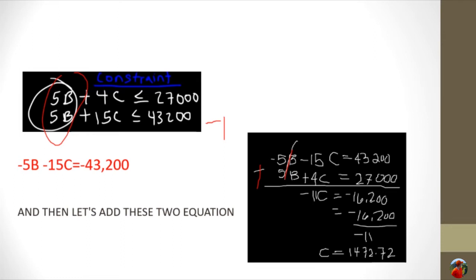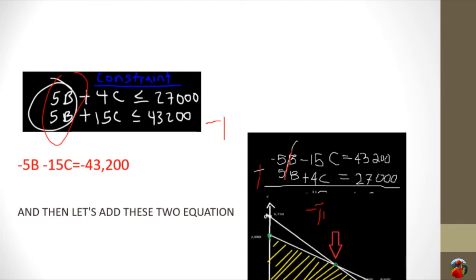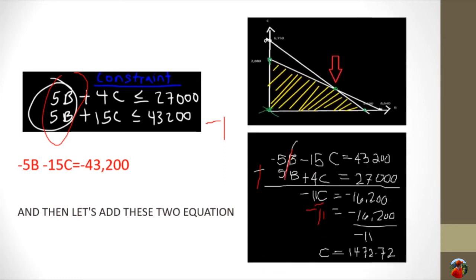Then negative 15 plus 4 is negative 11c, and then negative 43,200 plus 27,000 is negative 16,200, and we need to divide both sides by negative 11. C is equal to 1,472.72. C represents the number of calculators, so we need to use a whole number and round it to 1,473.